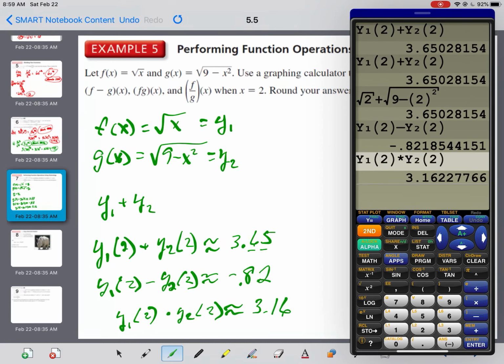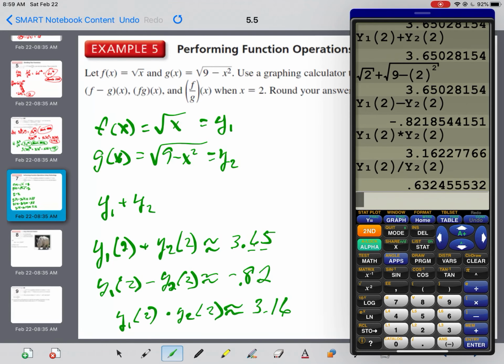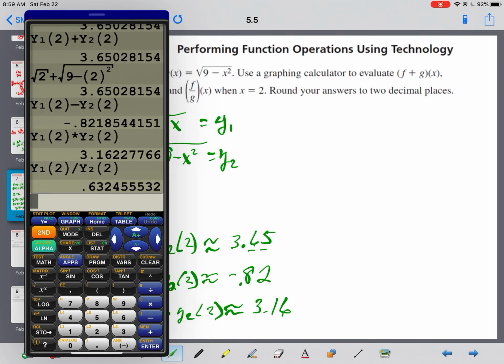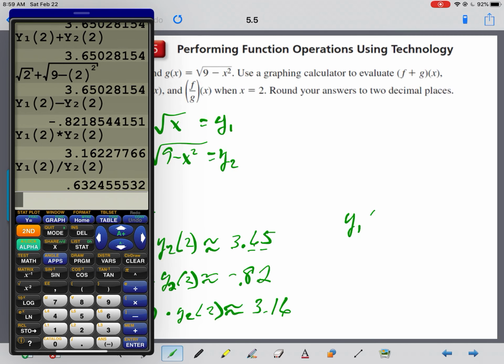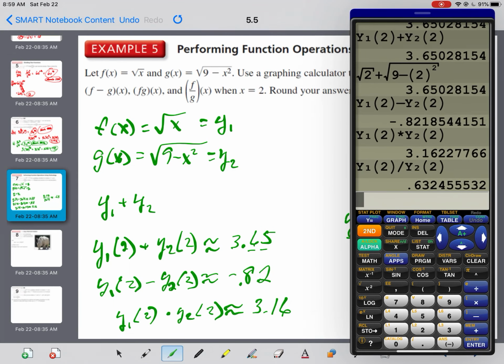And then we need to do divide. So we'll go again, change that out for a divide symbol, and push enter, and we get, I have to write it over here, y1 of 2 divided by y2 of 2, about 0.63. And so we get all 4 answers nice and easy.